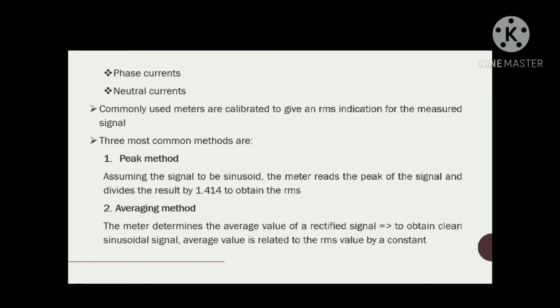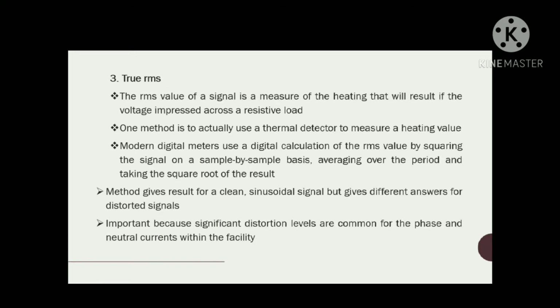Then the averaging method: the meter determines the average value of a rectified signal. For a clean sinusoidal signal, the average value is related to the RMS value by a constant. Then true RMS meters: the RMS value of the signal is a measure of the heating that will result if the voltage is impressed across a resistive load.